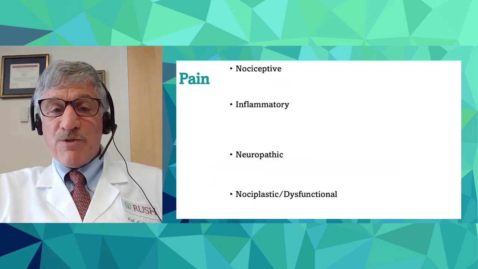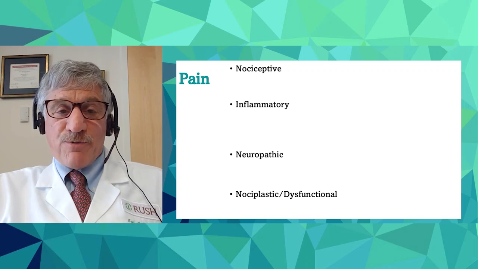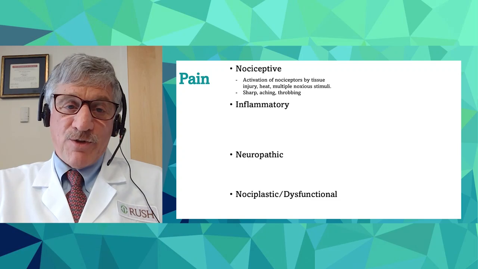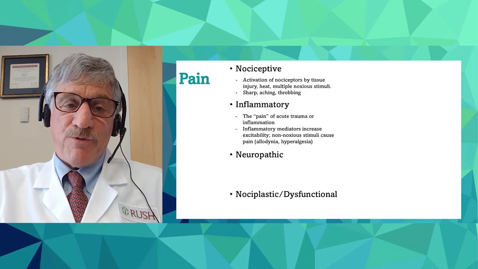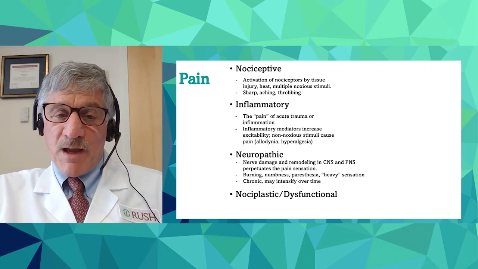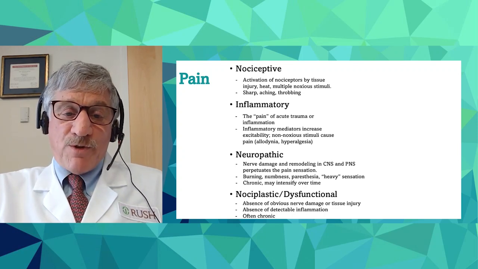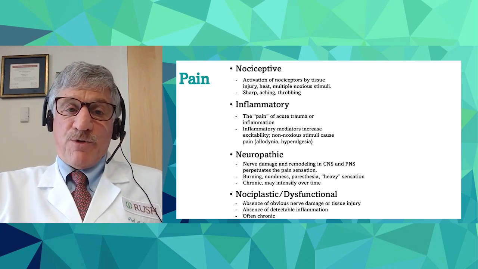Now, as I mentioned earlier, there are many different kinds of pain. Nociceptive pain is the classic pain of injury, sharp, aching, throbbing. Inflammatory pain, of course, neuropathic pain with nerve damage, and nociplastic pain, where there's no damage and no inflammation and often becomes chronic.